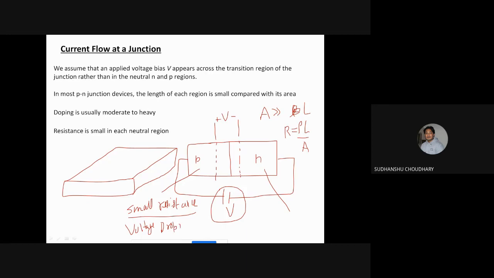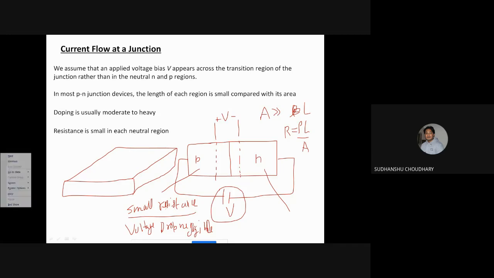There will be some small drop, and let us say that drop is negligible because it has small resistance, since these two regions are very large in area compared to the length. So the drop across these two regions is negligible. That is why we say that whatever bias we apply to this PN junction, the entire bias appears across the junction, that is, at this point.